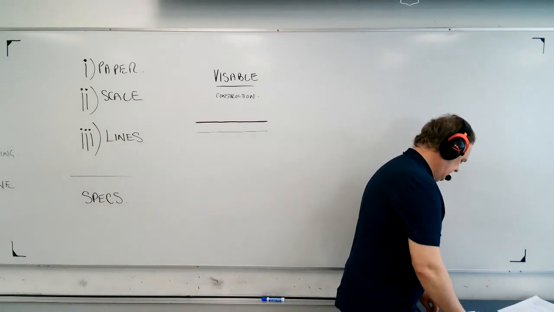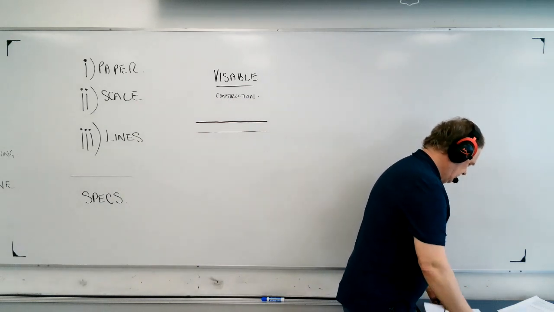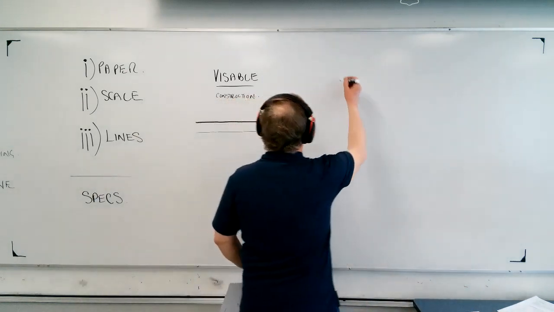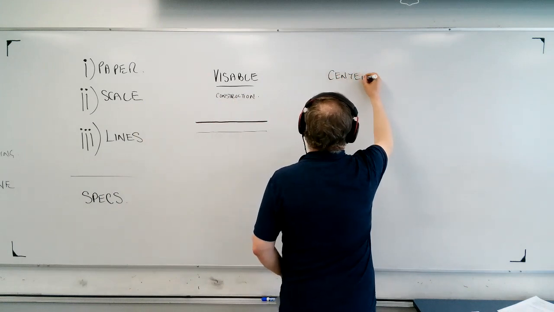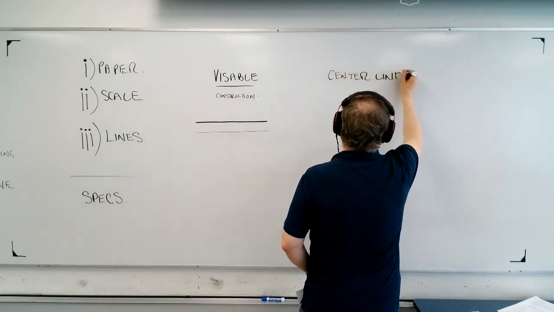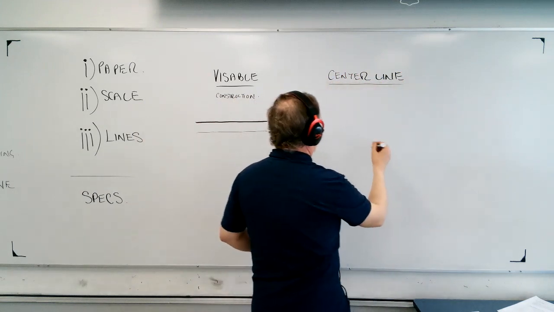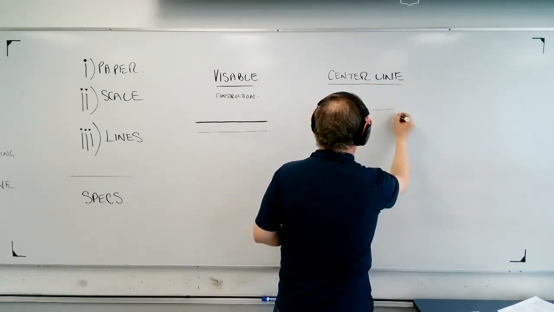Now, the next line that is quite important to take a look at is called the center line. A center line is a specific line type, and I'll give you an example here. I'm going to tell you that here is an electrical panel, okay?